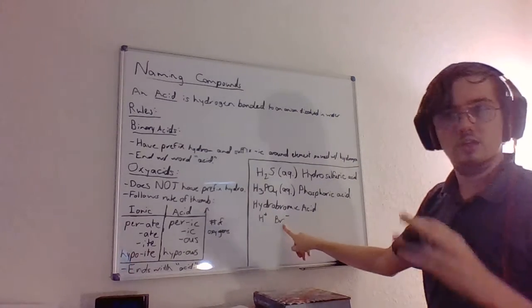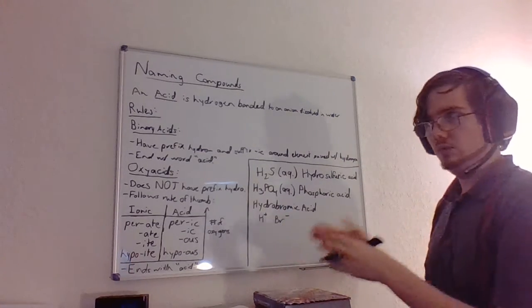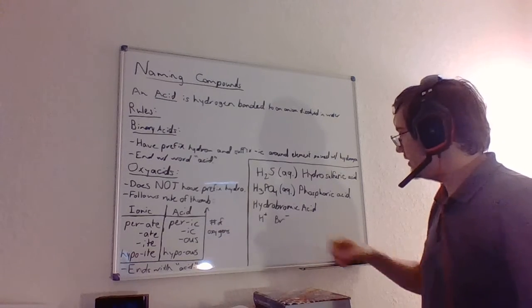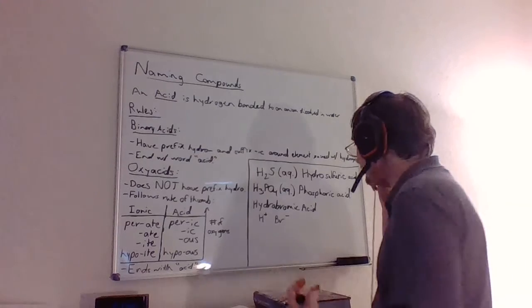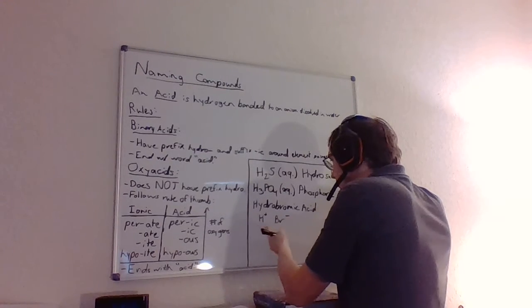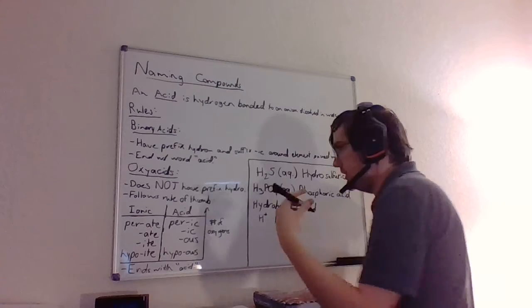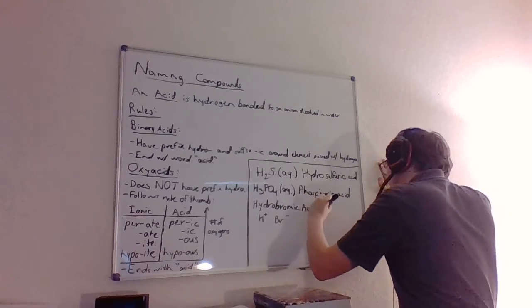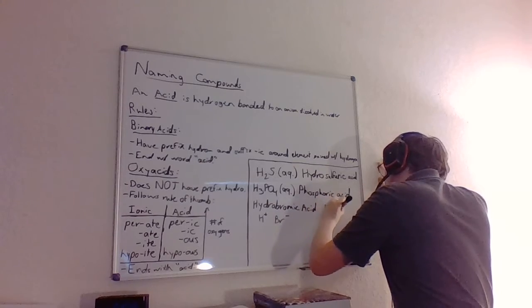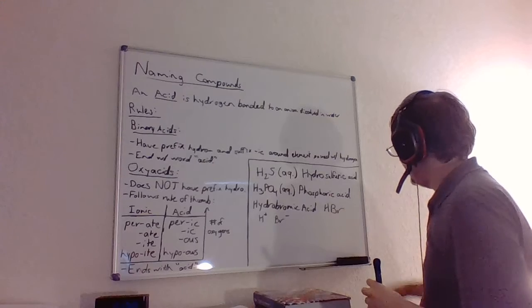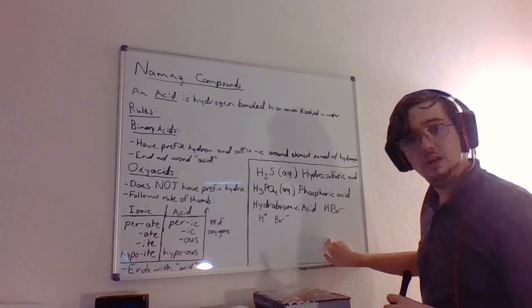Based on its location on the periodic table, it's only 1 away from the noble gases, so that means it's going to be a -1 charge. If we put these two together, the +1 and the -1 instantly balance out. So this can just be combined to be HBr, hydrobromic acid. And that would be our final answer.